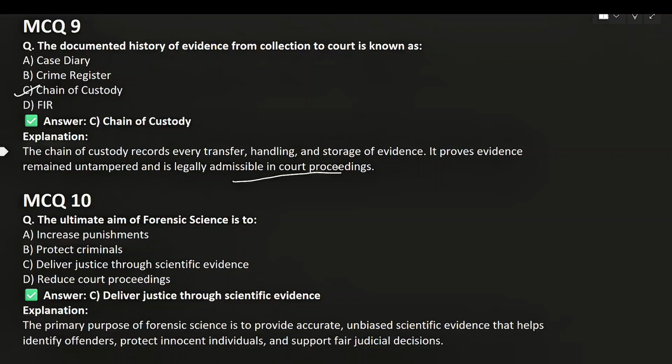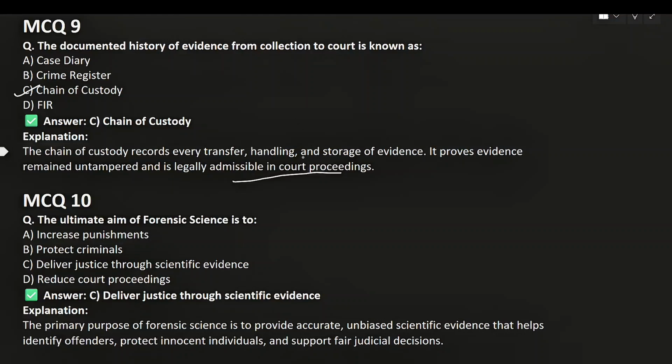So what is chain of custody? The chain of custody is a complete written record showing who collected the evidence, who handled it, where it is stored and when it was transferred. Maintaining the record proves that the evidence has not been altered or tampered with, making it legally admissible in court.